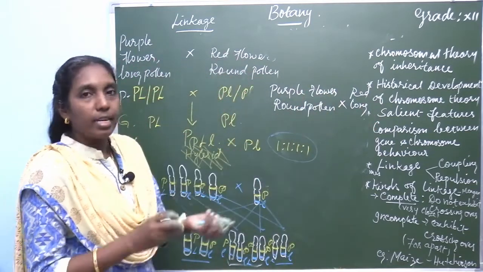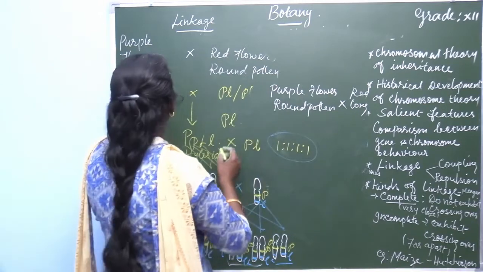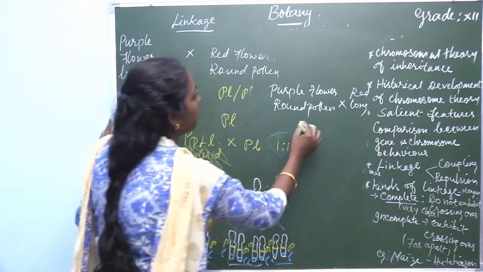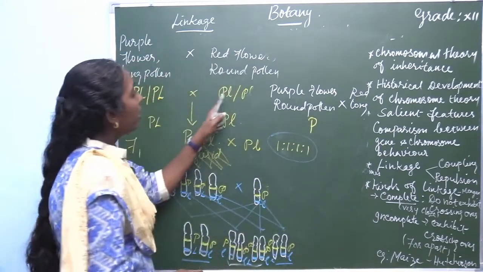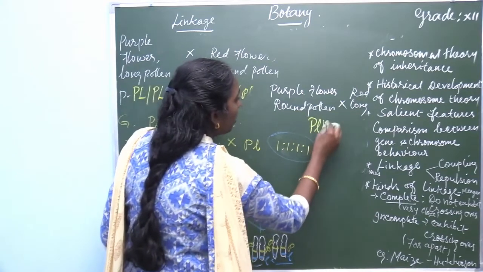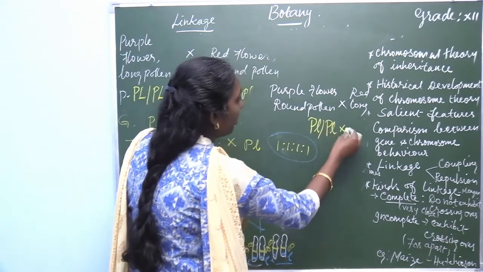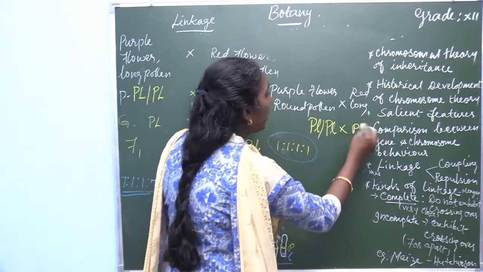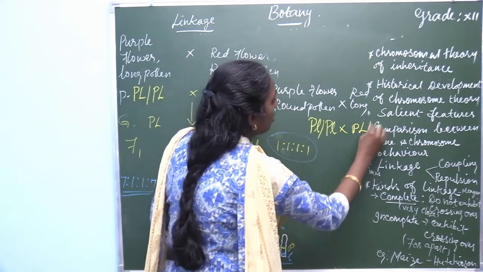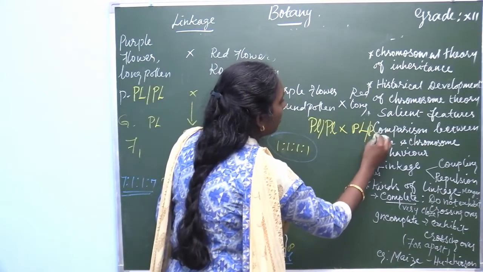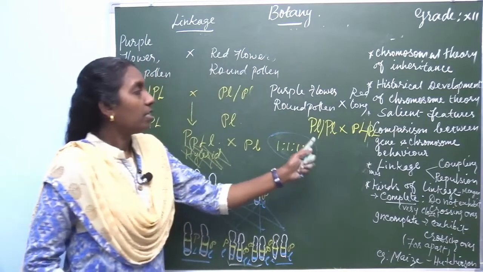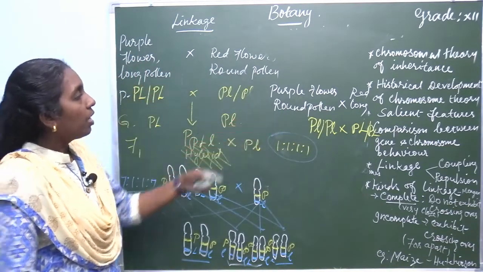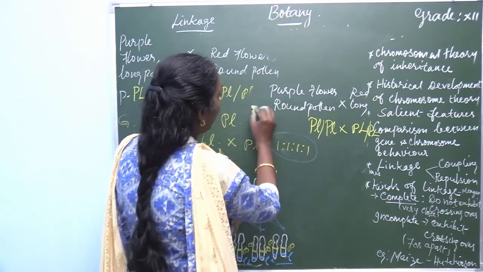So here the character is purple, capital P, round pollen, small l, capital P, small l, into red flower with long pollen, small p, capital L, small p, capital L. This is the parental form which is taken in repulsion.